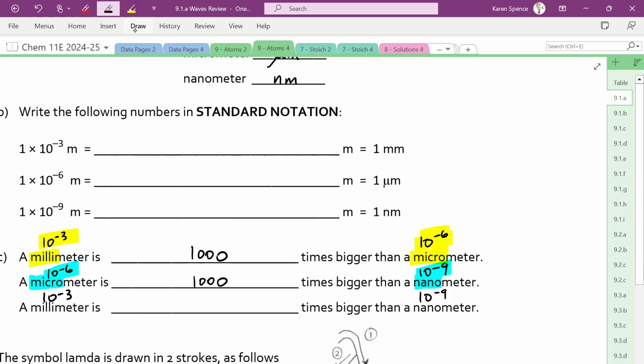And a millimeter, 10 to the negative 3, is how many times bigger than a nanometer? 100,000. You're so close. 1 million.